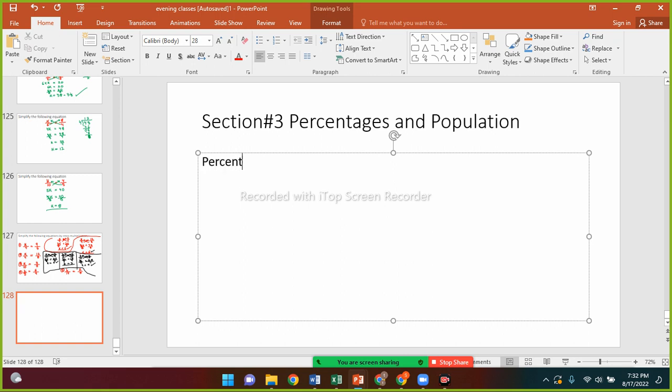Percentages are useful or associated with many real world situations.